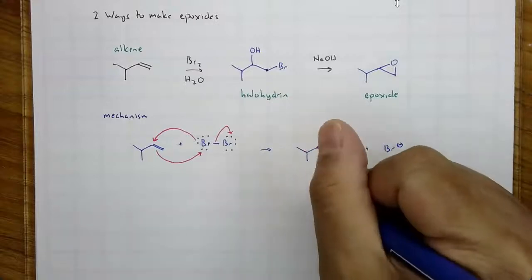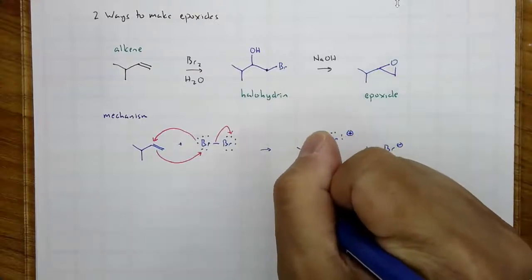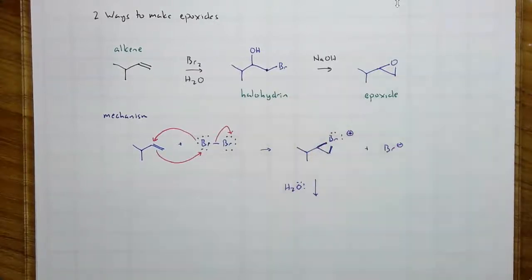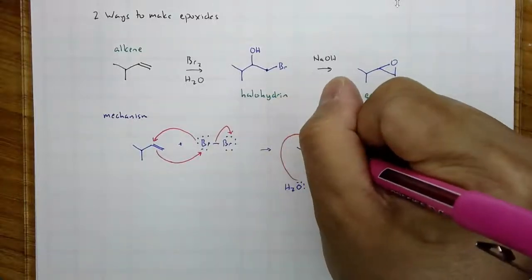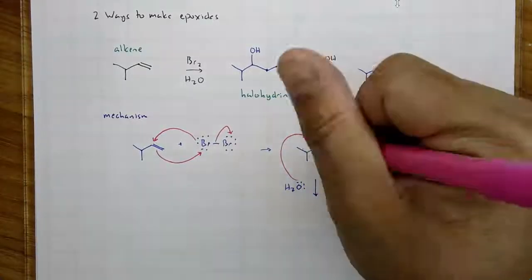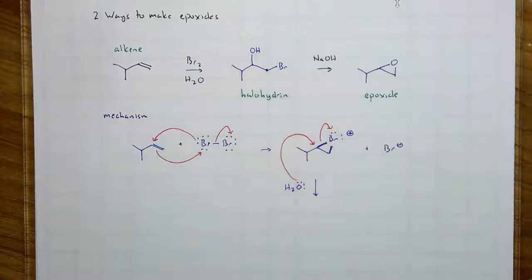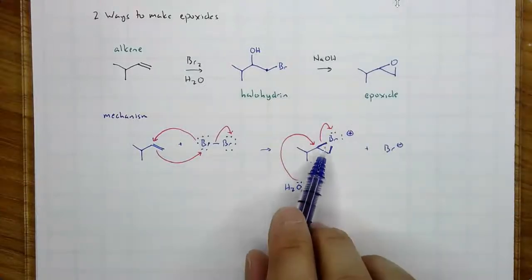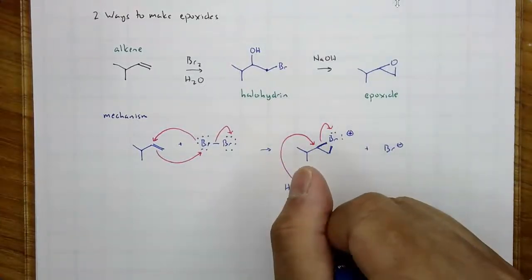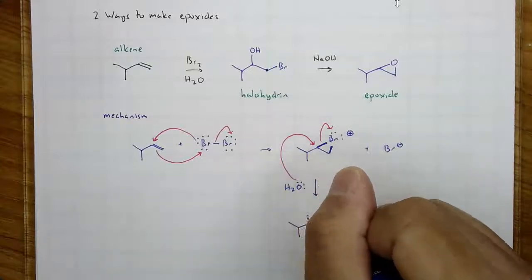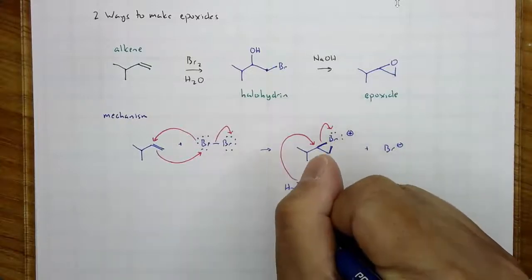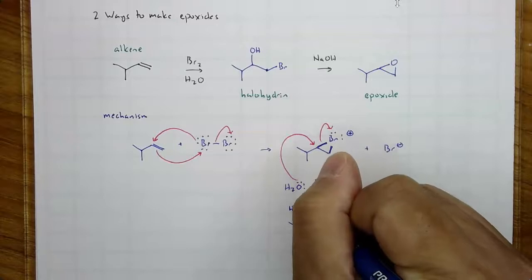We're going to use water. Okay, water will attack the more substituted carbon, and we open up the ring. You should also remember that it was backside attack. So the water attacked from the dash, and you still have these two hydrogens attached.